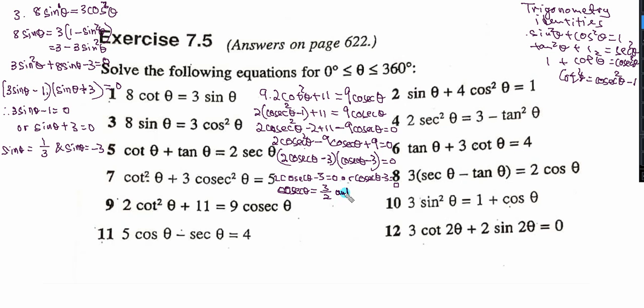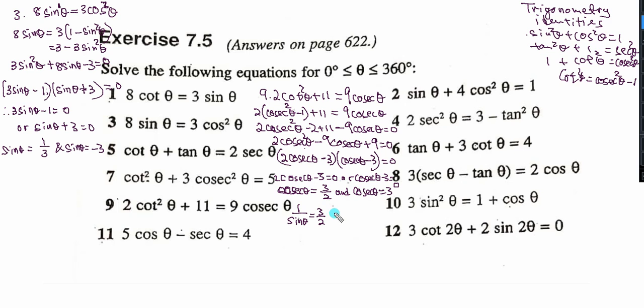Then this other one will be cosecant theta equal to 3. Now remember, finally you have to convert this into either sine, cosine or tangent. So cosecant is actually 1 over sine theta, equal to 3 over 2.